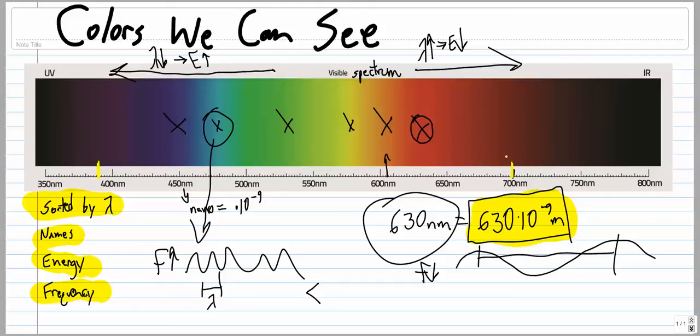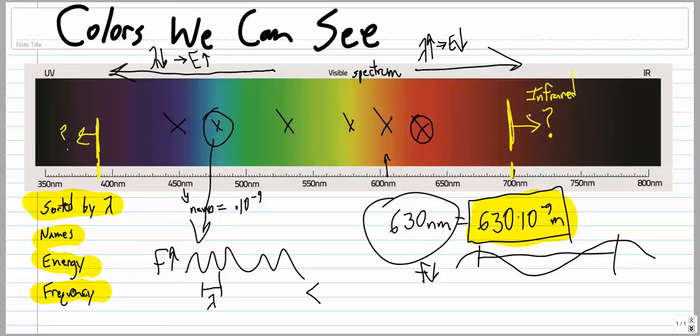I told you that we humans can see out here to around 700. What do we call this that's just past 700? Or down here, what do we call these waves that are just shorter than 390? Out here, these ones we call infrared.